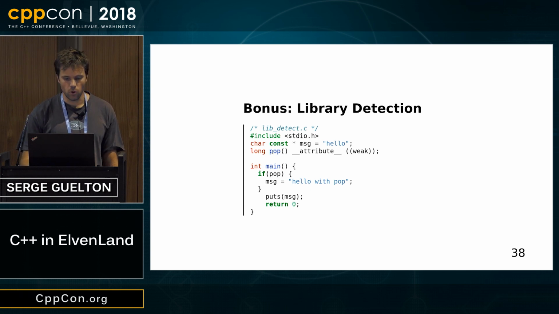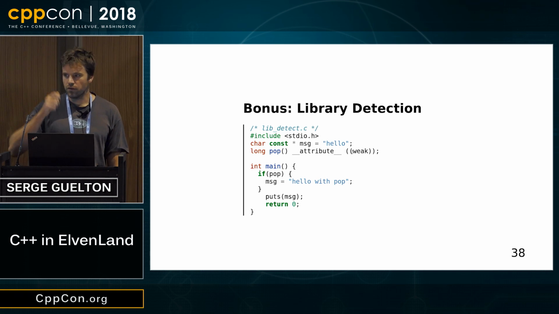So I have this pop symbol. I don't give its implementation. But what ELF says, or maybe the System V ABI, I don't know, is that if I have a weak symbol which is not defined, then it's null. So I can have a different behavior in my program depending on what I'm linking with.